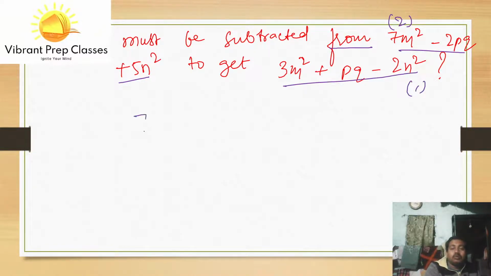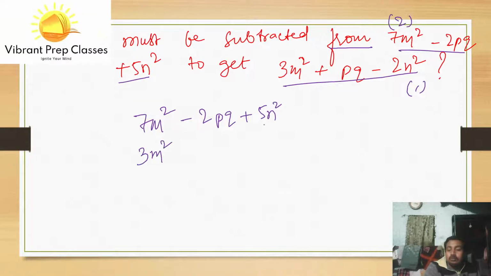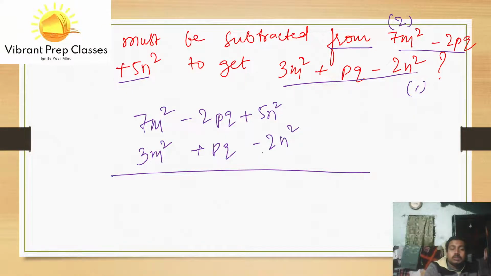And now we write 7m square minus 2pq plus 5n square, then 3m square plus pq and then minus 2n square. So we change the signs: when it is minus we change it to plus, plus to minus, and minus to plus.